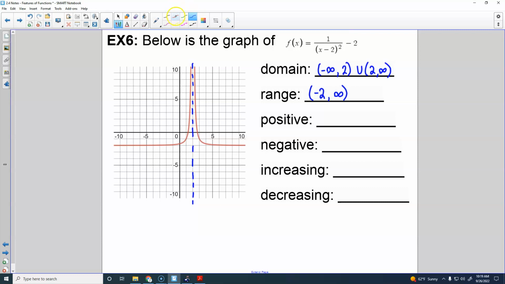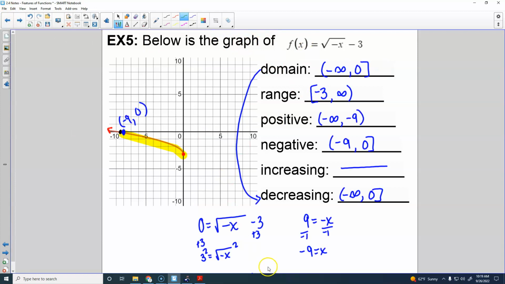Positive and negative, I need to know what these points right here are. And it can be done. But for sake of time, let's just estimate on these. On a simple one, like the last one that we did, I may expect you to know how to find that value, even if it's not clearly stated on the graph.